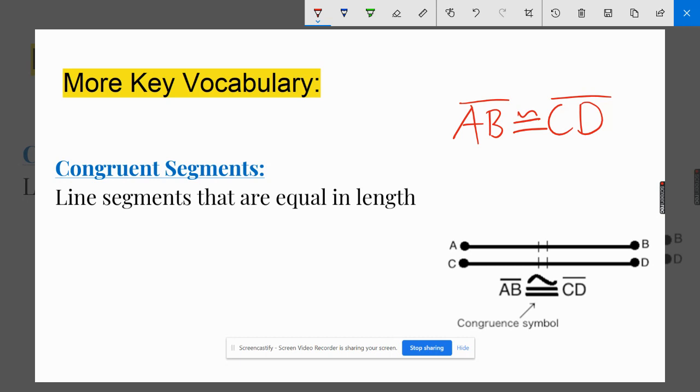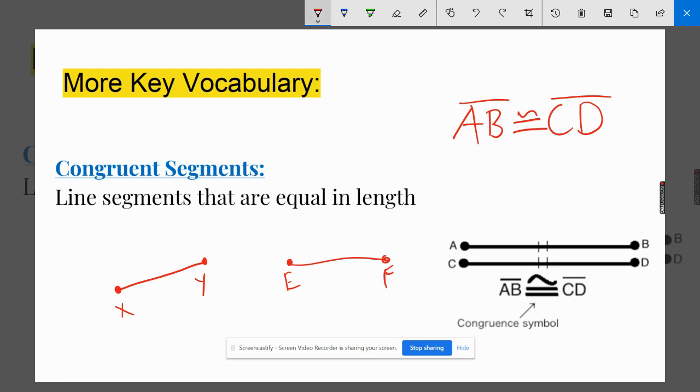That means congruent. And the way we show congruency is with tick marks. I call them tick marks. They're called congruence symbols on this. So AB and CD are both congruent to each other because they both have 2 tick marks. But if I want to say XY and, I don't know, EF, I can use 1 tick mark.